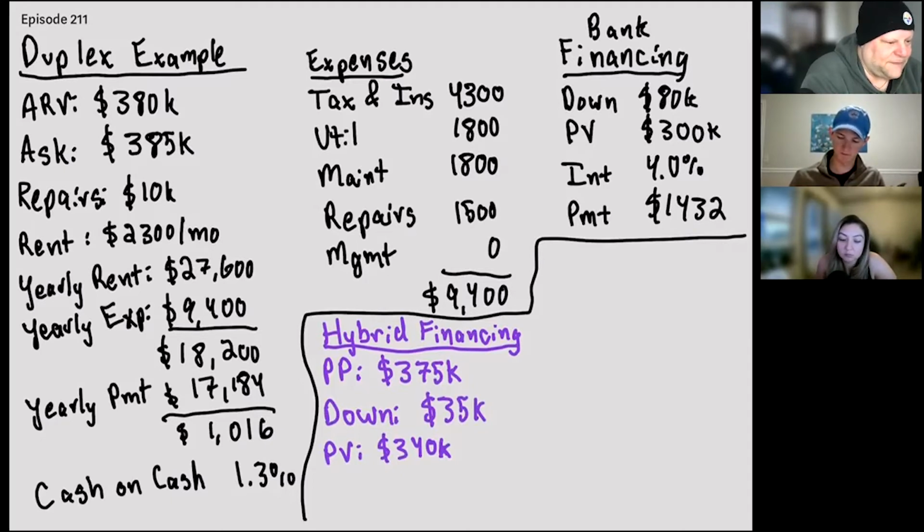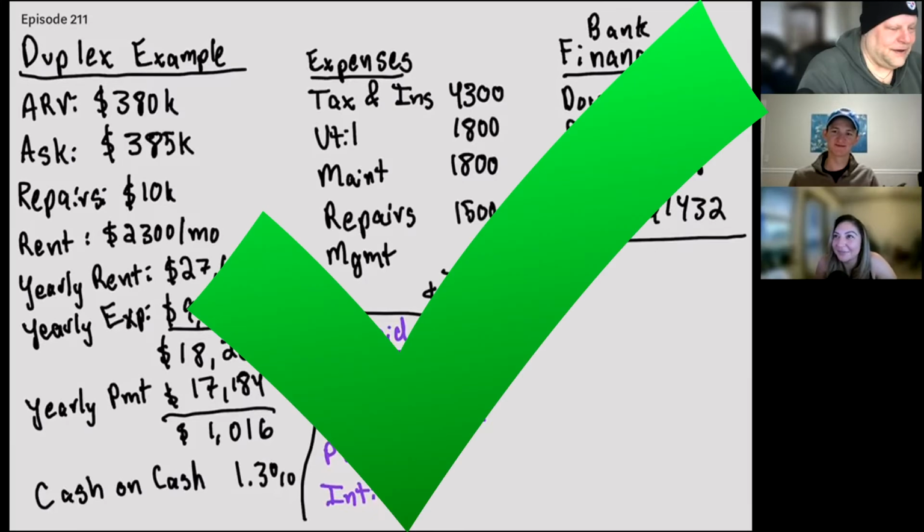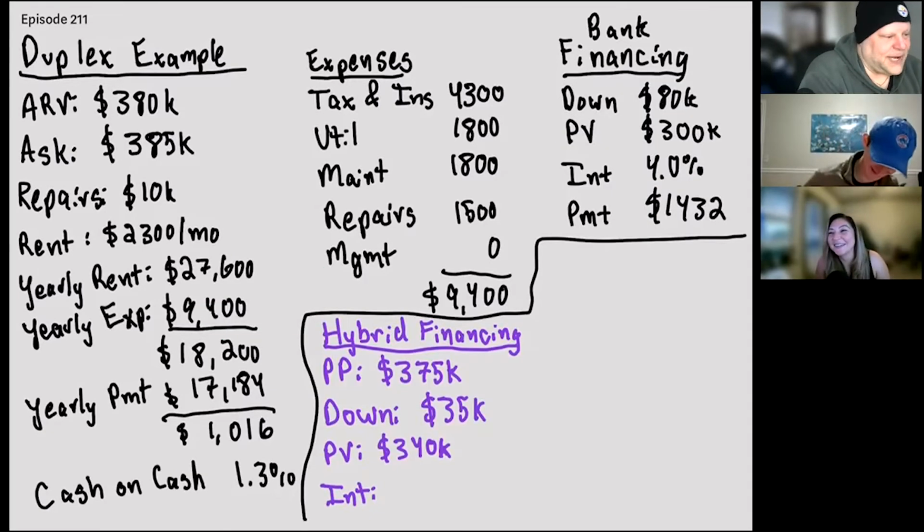So why don't we offer an interest rate of, Nicole, take a guess. What should it be? The 4%? No. 3.5? No. I don't know. Think hybrid interest rate. 2.5? There you go. Let's try 2.5.